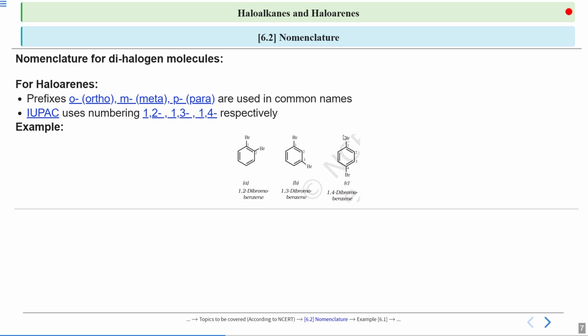Similarly, in the C structure, the bromine is present at the first position and then 2, 3, 4, and bromine is present at the fourth position, the opposite. Okay, so we write the IUPAC name for this as 1,4-dibromobenzene. Okay, so this is how you have to name in the IUPAC system the haloarenes which are dihalogen molecules.